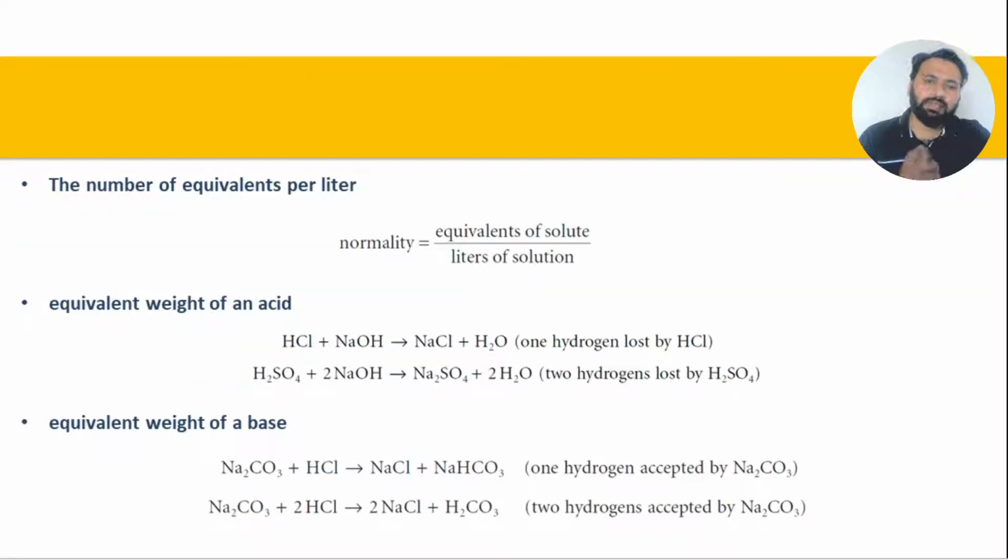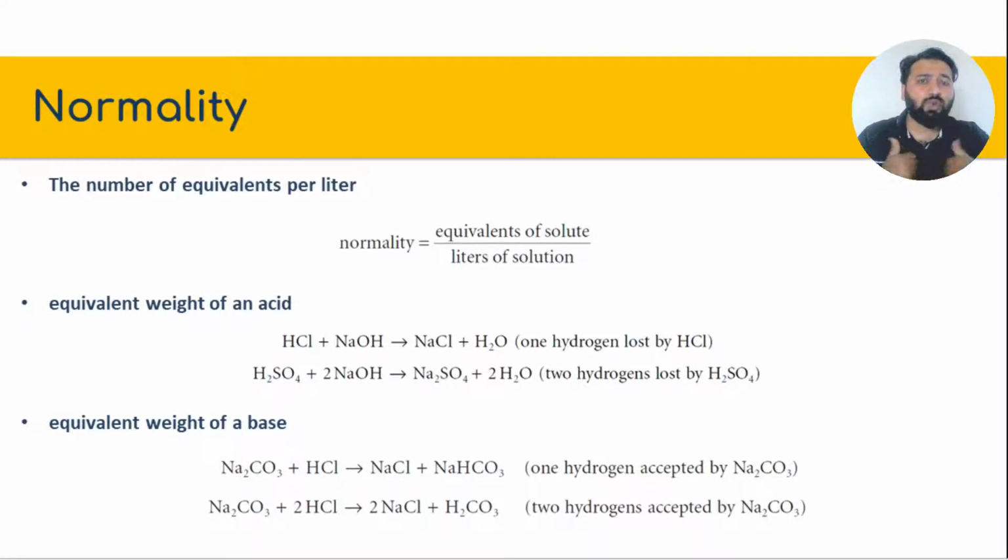So normality. This normality is very similar to the molarity, except that it utilizes a quantity of chemical called the equivalent rather than the mole. It is very similar to the molarity, but it is different to utilize.